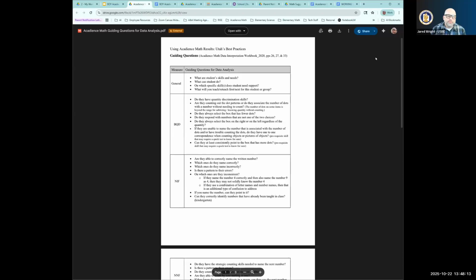These can be helpful questions as they look at the different measure level data that they can ask themselves and kind of prompt that deeper analysis around measure level data. So just provided that resource for you if that's something of use.